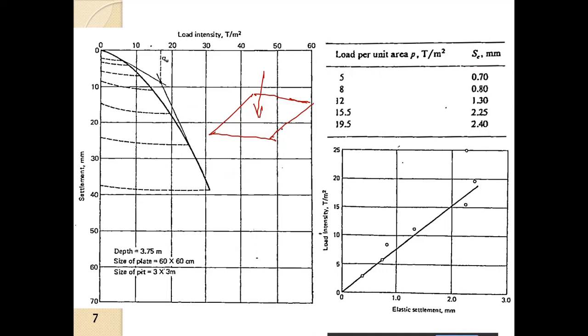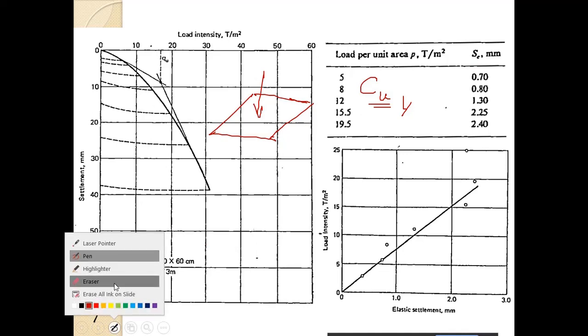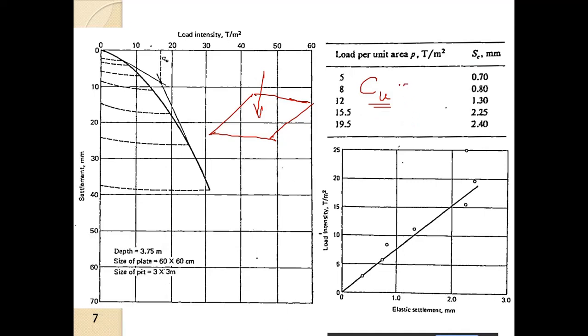We have to now find out what is Cu for a confining pressure of 1 kg per centimeter square, and for a loaded area of 10 meter square.